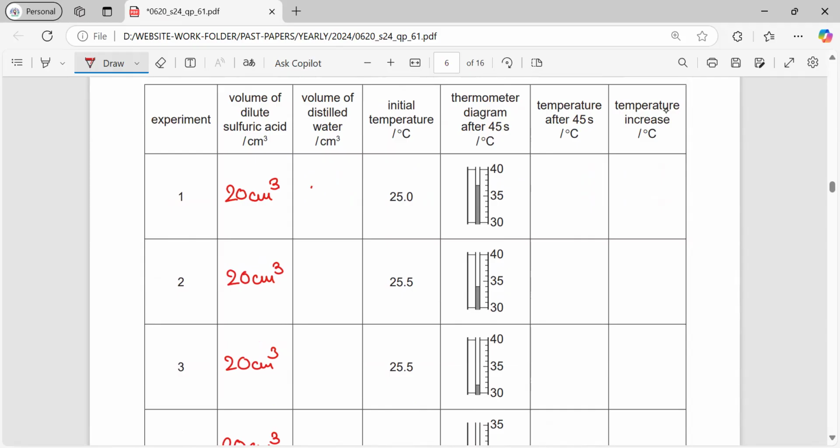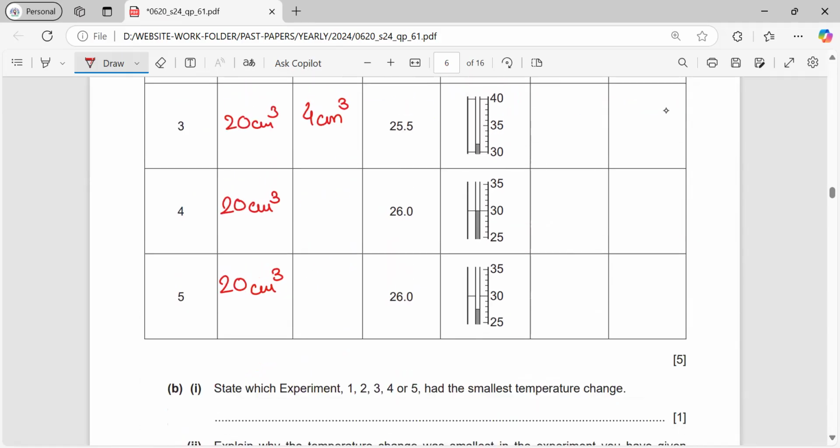In the first experiment there was no distilled water, so 0 centimeter cube. In the second experiment, it was 2 centimeter cube. Then 4 centimeter cube distilled water is added in the third experiment. In the fourth experiment, 6 centimeter cube. And in the fifth experiment, 10 centimeter cube distilled water is added.